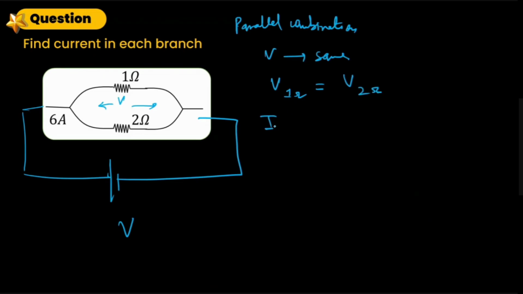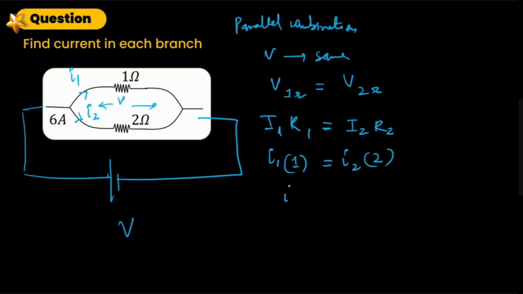Potential is nothing but IR. So we can write I1 R1, assuming that I1 current and I2 current are going, is equal to I2 R2. I1 and I2 are something we have to find. R1 is 1 ohm, R2 is 2 ohm. So we found that I1 by I2 is nothing but 2 by 1.